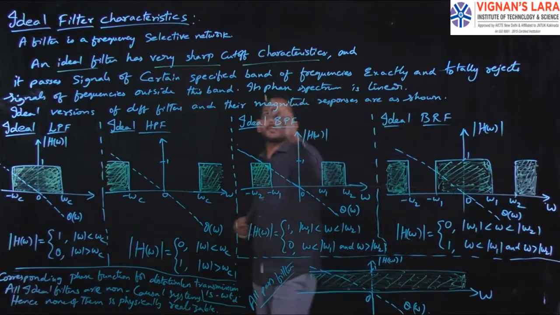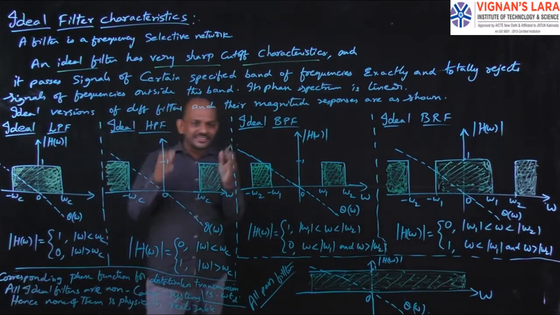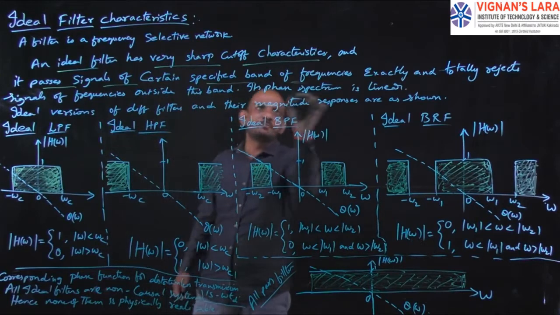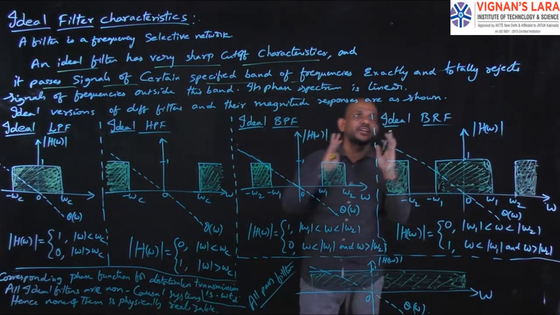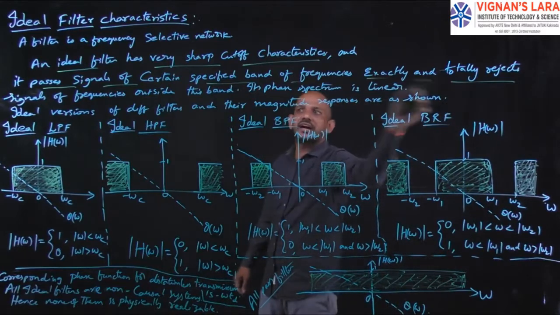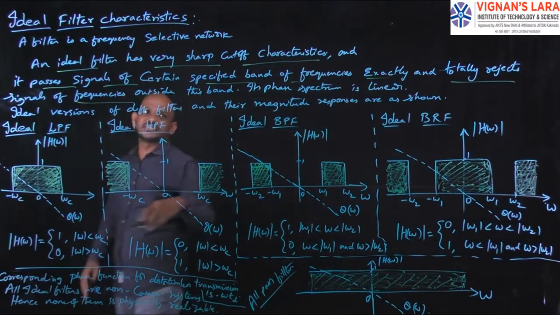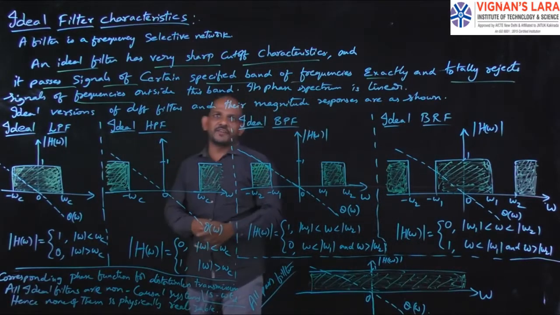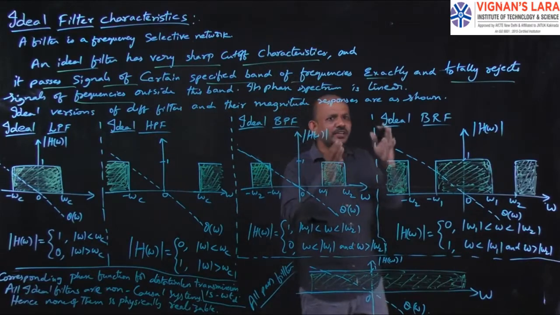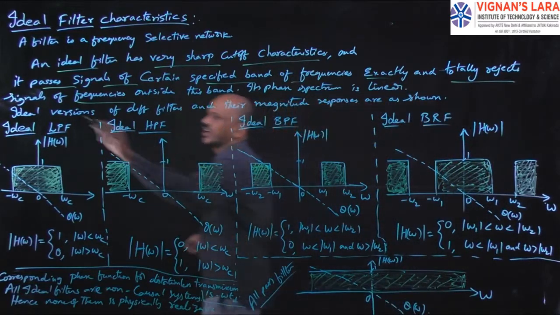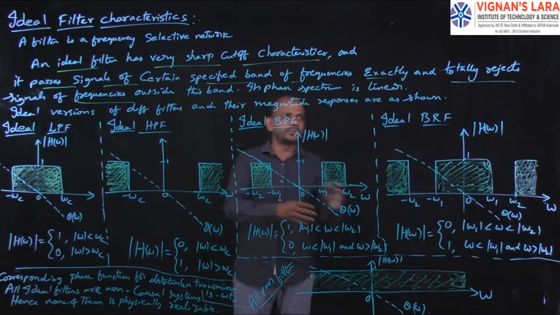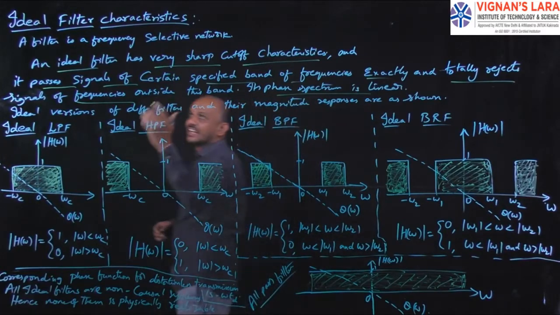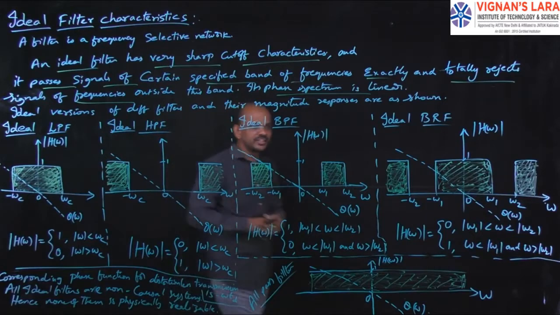It has very sharp cutoff frequencies, and it passes signals of a certain specified band of frequencies exactly, perfectly, and totally rejects the signals of frequencies outside this band. Its phase spectrum is linear.